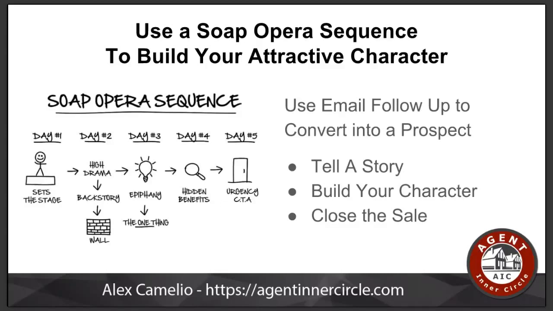Now, this sequence can be done. I've seen it go anywhere from a 5-day sequence to a 45-day sequence. We kind of sit in the middle. We use anywhere from 21 to 30-day sequences. And I know that might seem like a lot. You're getting a daily email to these people. It might be overwhelming. It's not. Trust me.